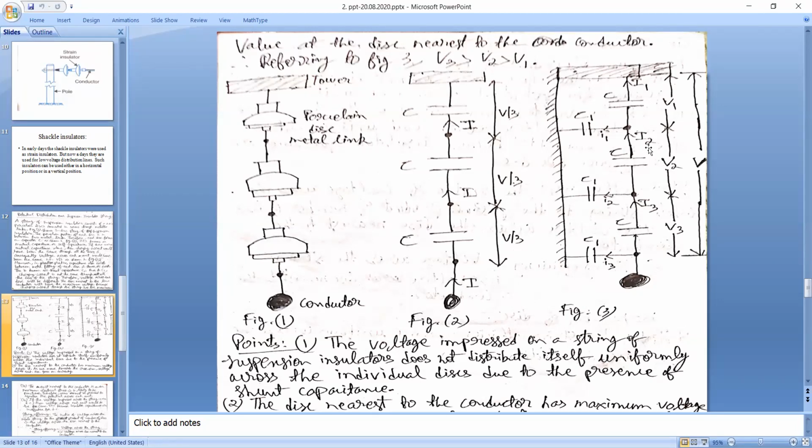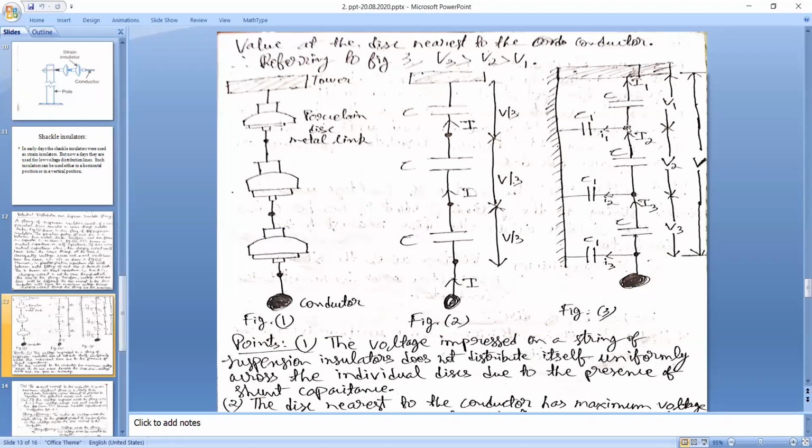So capital I3 equals capital I2 plus small i2, because Kirchhoff's current law says the summation of outgoing currents equals the summation of incoming currents. At the middle metal link the incoming current is I3 only. The currents leaving this node are capital I2 and small i2. So capital I3 equals capital I2 plus small i2.